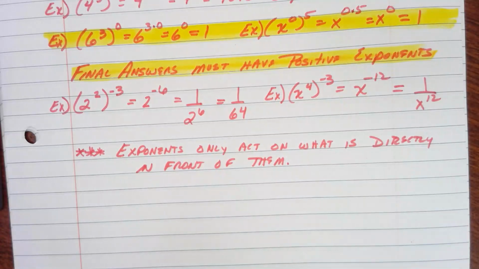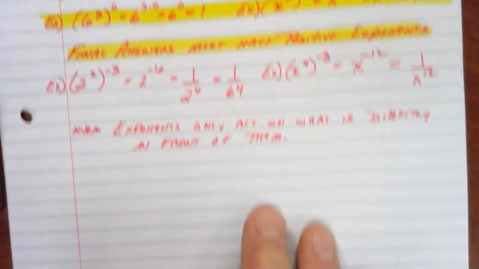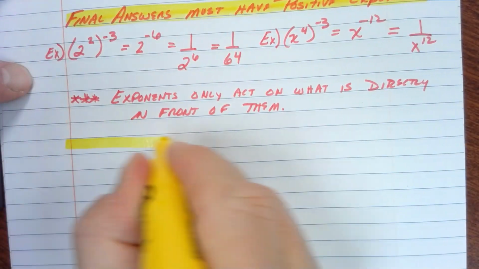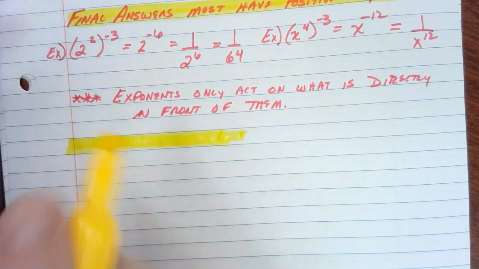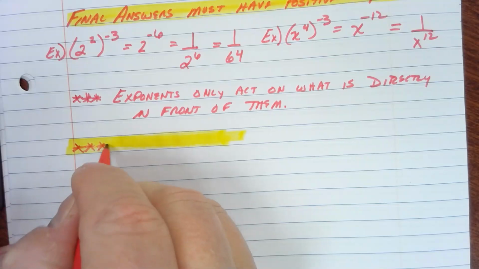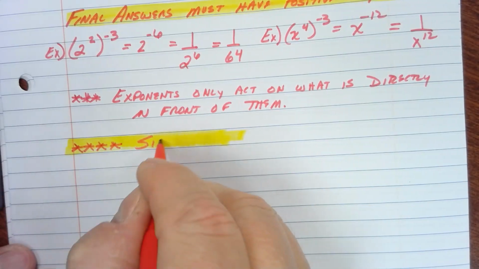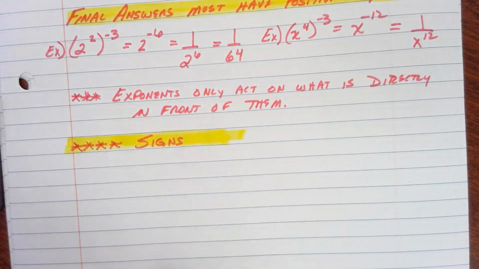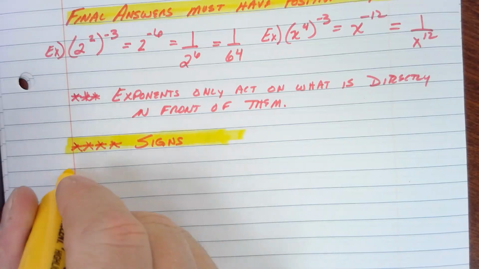And this is going to be particularly important to us now as we use this power rule with how it affects signs. And our examples here are all important examples.